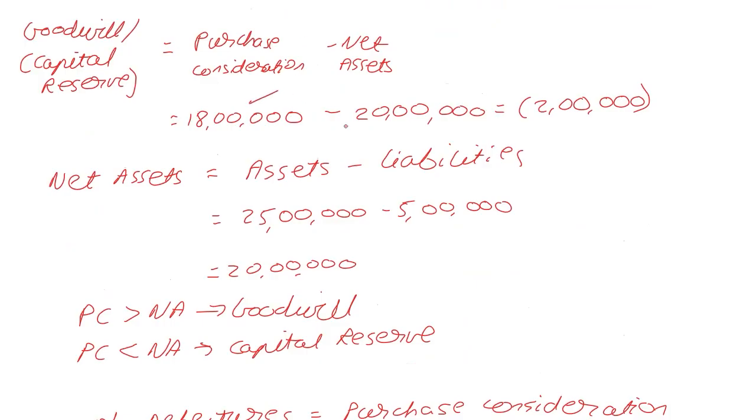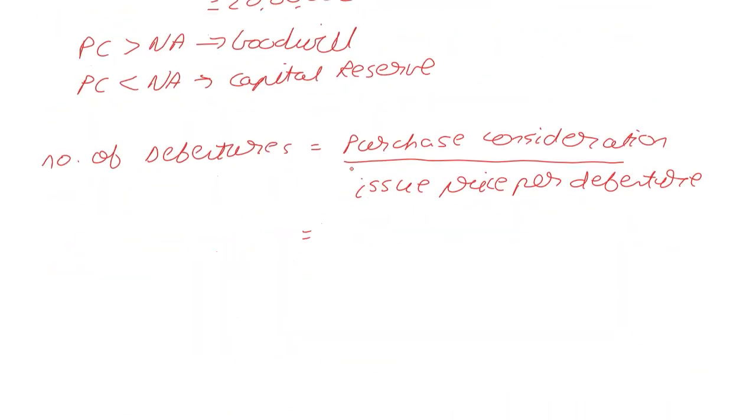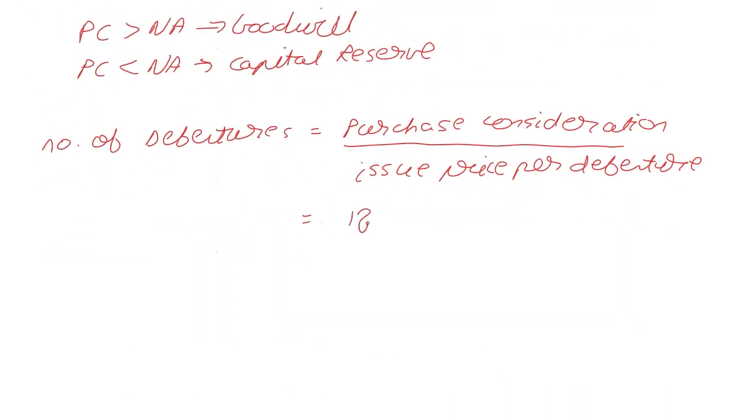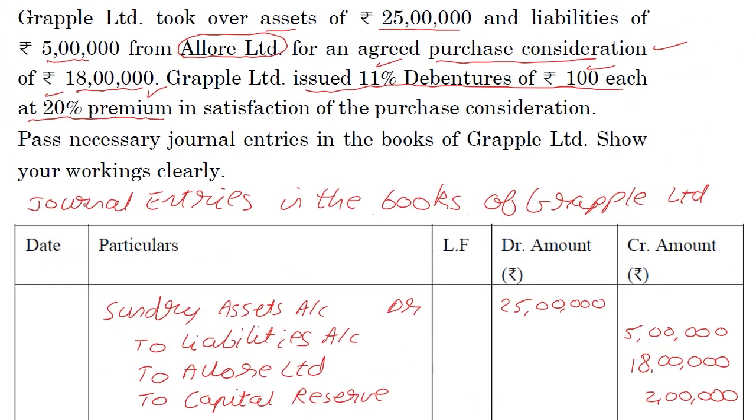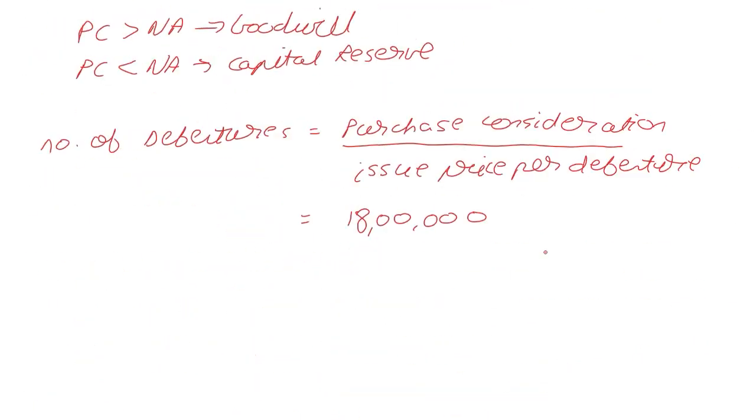Purchase consideration is 18 lakhs, upon those debentures of 100 rupees at a premium of 20%. So we are talking about 120 rupees per debenture.